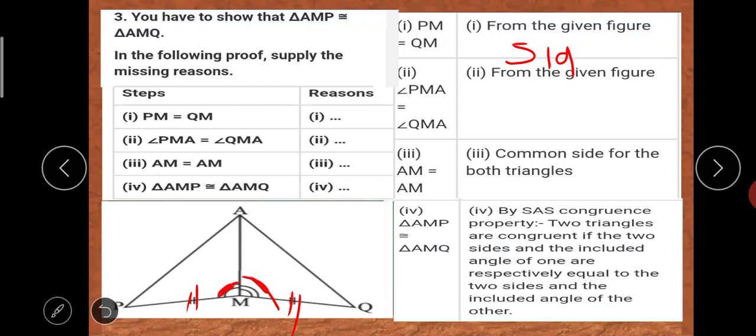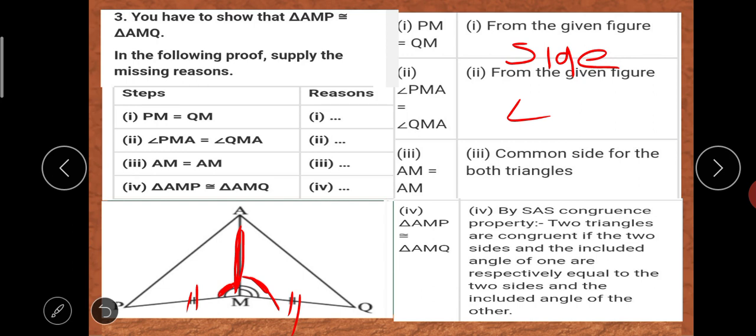Which one? PM is equal to QM. One side is given. Second, angles PMA and QMA. This angle is given. They are equal, so we have to write that. That is already given, these two angles are equal. And the third one, what is given here? AM is equal to AM. That means this AM is a common arm between AMP and AMQ.